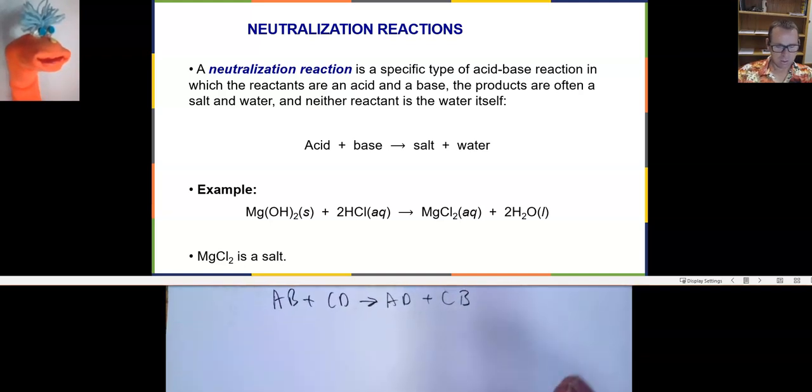All right? This is a metathesis reaction, right? And you can see a base with an acid. This is an example of a metathesis reaction. The magnesium ion goes with the chloride ion. The hydrogen ion here goes with the hydroxide ion. It's just that hydrogen hydroxide comes together as what we call water, right?